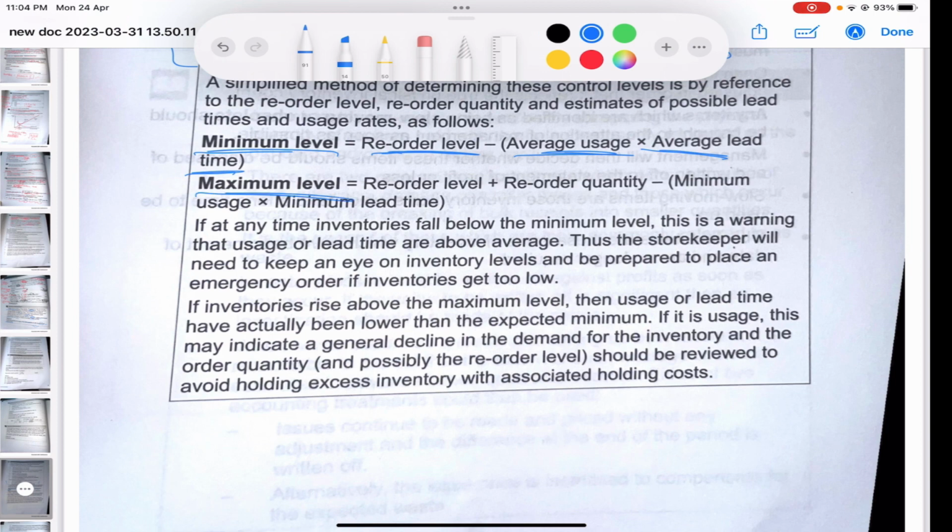And what about my maximum level? The same way, I'm going to have a reorder level plus reorder quantity, minus minimum usage multiplied by minimum lead time. So in my maximum level, I'll be using minimum usage and minimum lead time, and in my minimum level, I'll be using average.